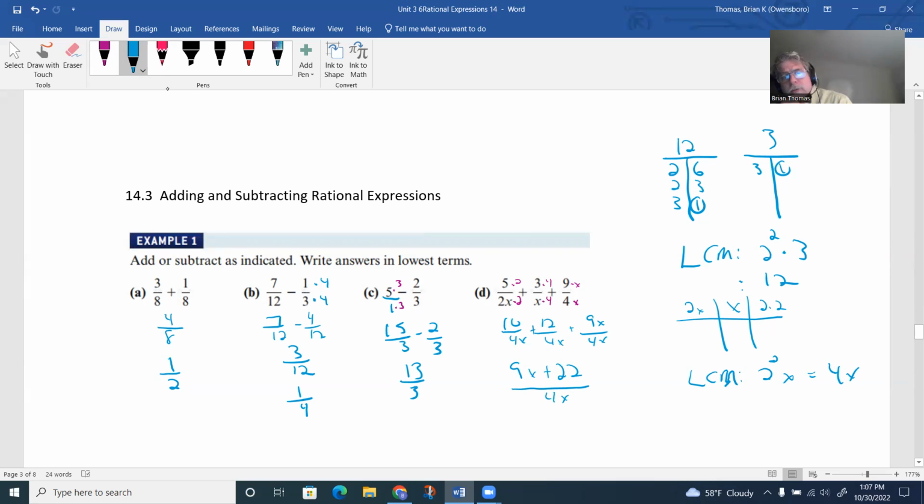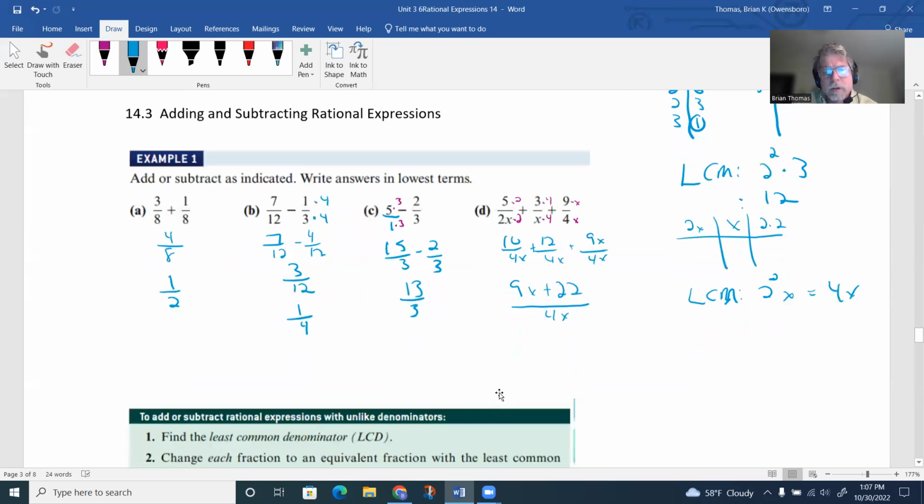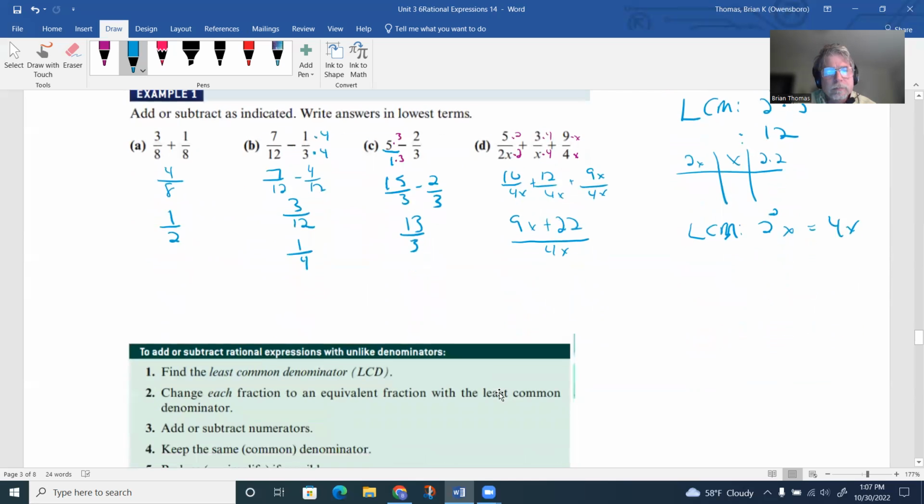And sometimes we may have to factor to see if we can cancel out any like factors. But since 9x plus 22 is not factorable, there is nothing to simplify because we don't want to break that back apart. We want to leave it as a single fraction.